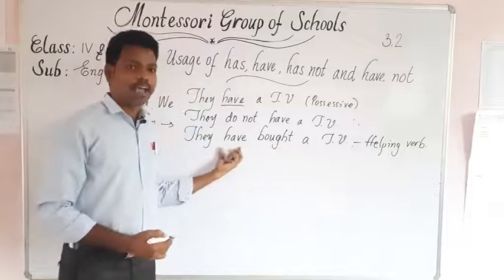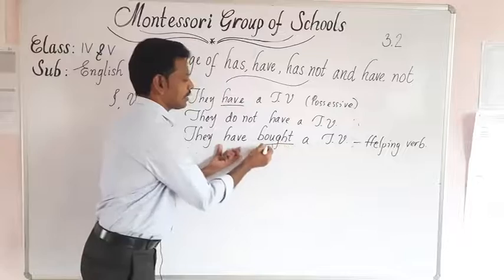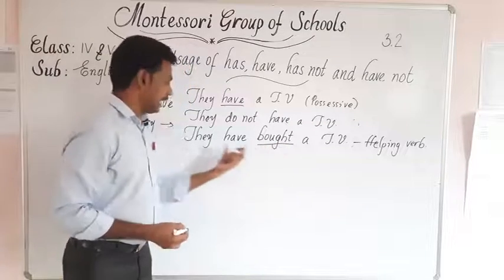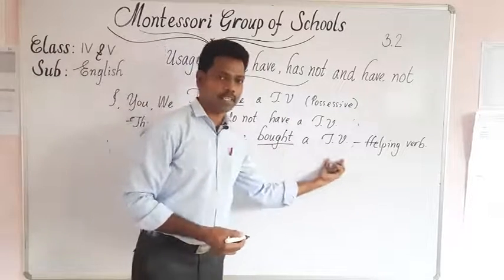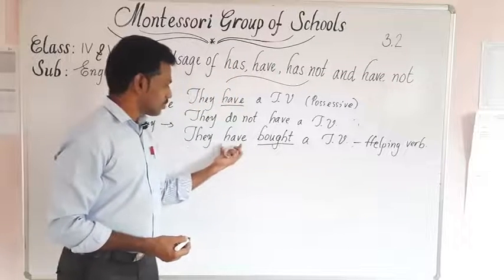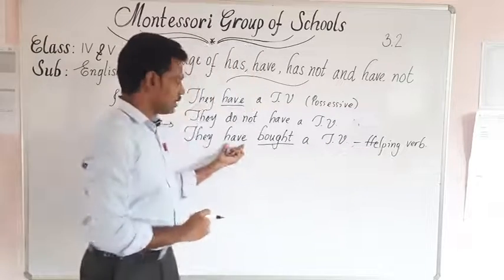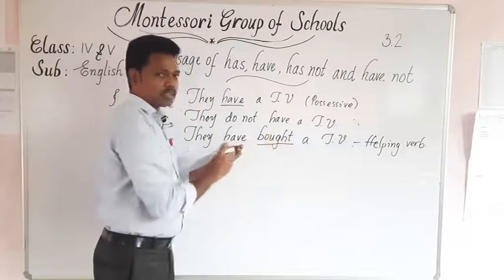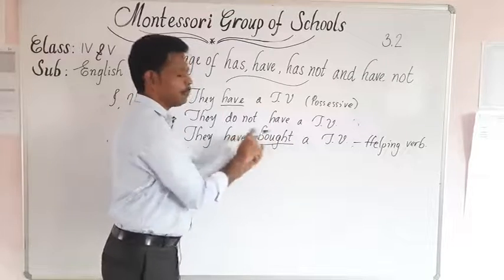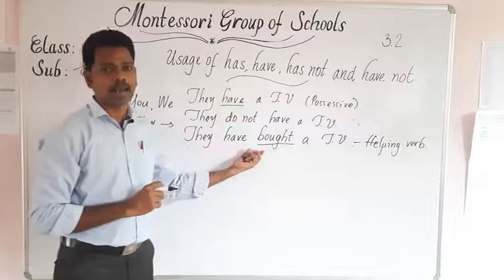Here, have is not possessive. It is helping the verb bought. So here the verb have is acting as a helping verb, helping the verb bought. That's why it is acting as a helping verb.